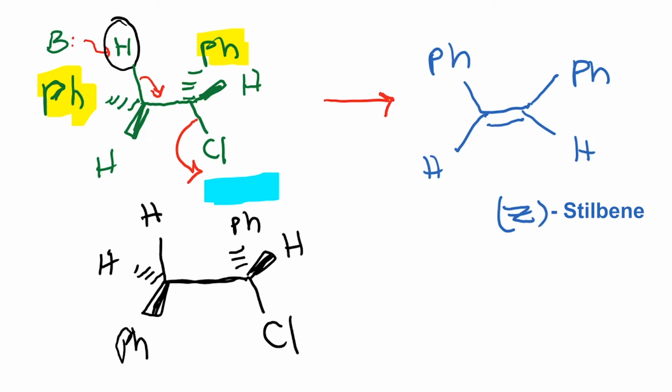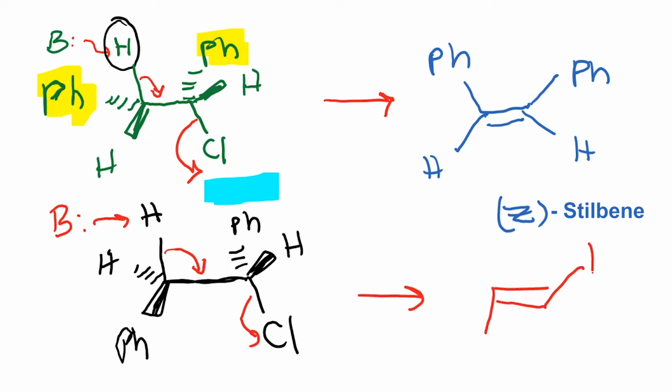At this conformation, you will notice that this is just a carbon-carbon bond rotation, and so there's nothing magical in this. It can happen very nicely at room temperature. Now if a base attacks in this particular conformation, you still can undergo elimination. The only thing is that it's going to give you the E product.